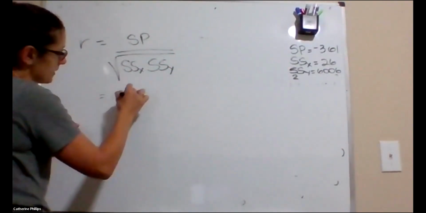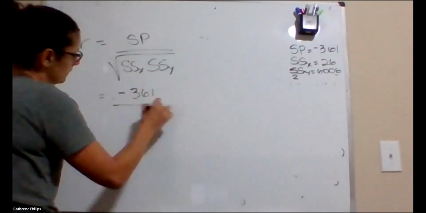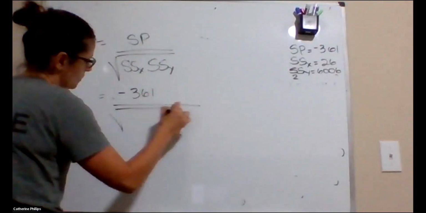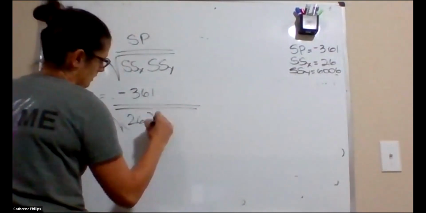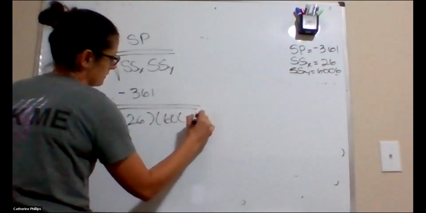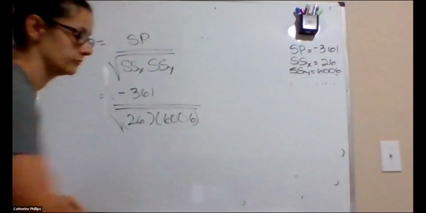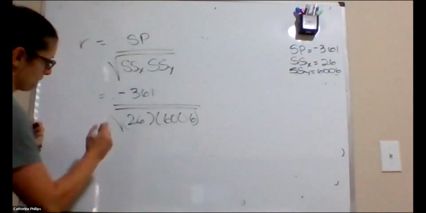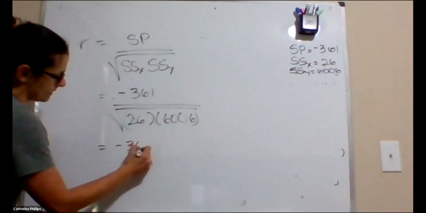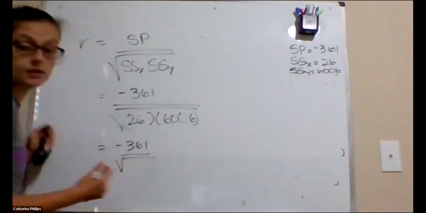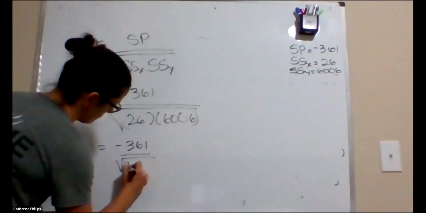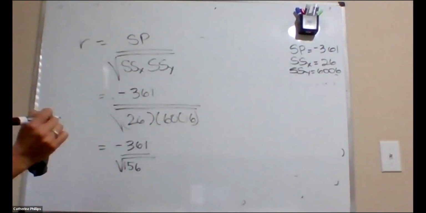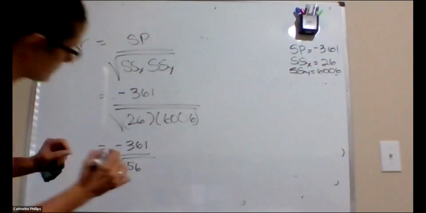Sum of products was negative 361, divided by the square root of 26 times 6,006. Negative 361 divided by the square root of 156,156.